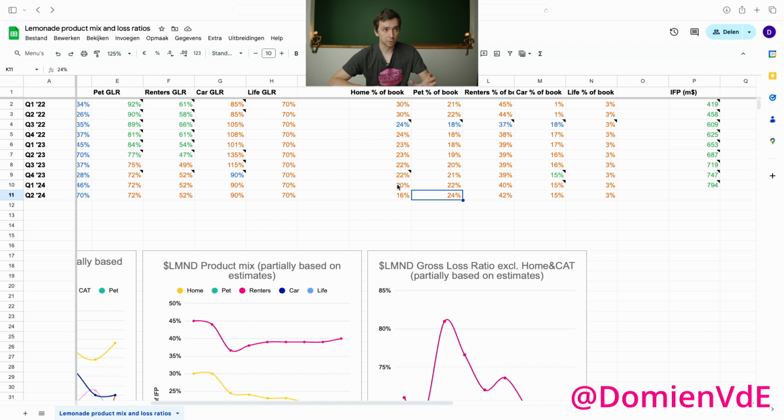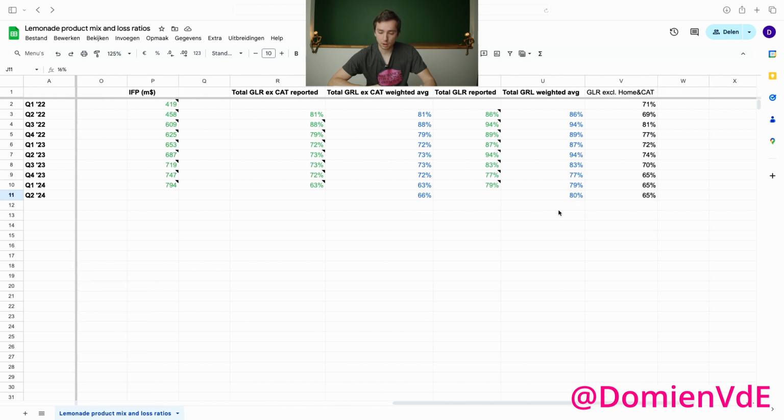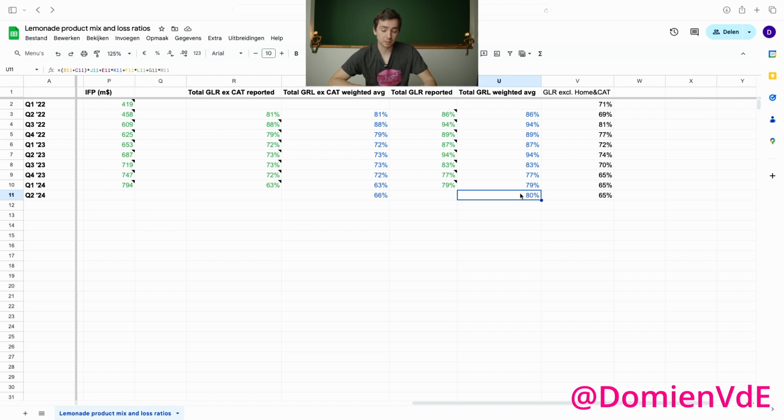And so those are two effects that are leading the home book of business to decrease. And when you plug in these numbers, you can see here that I come out to an 80% loss ratio including the catastrophic events, and a 66% loss ratio excluding the catastrophic events.